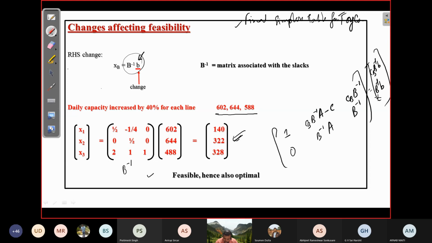Because small b is changed, the objective value and the right hand side will be affected. But the table as such, if we keep the same base, capital B, will not be affected. Only the right hand side will get affected. And we are seeing that it will be feasible, and so we are declaring it optimal also. Right?